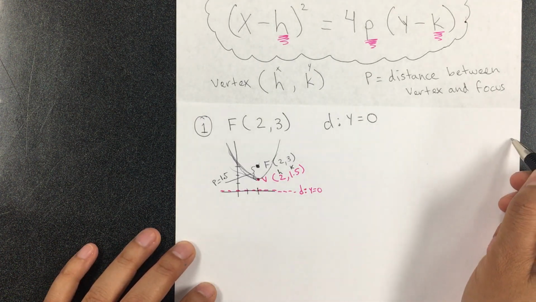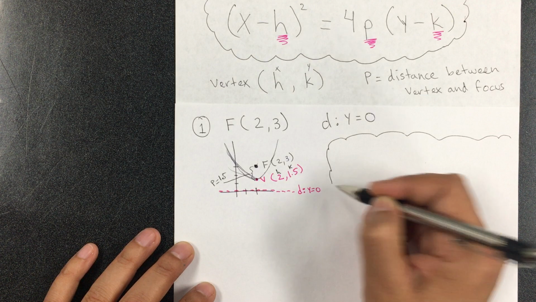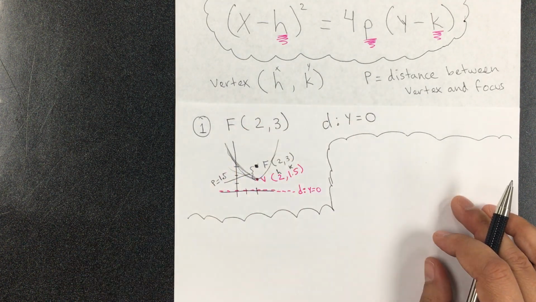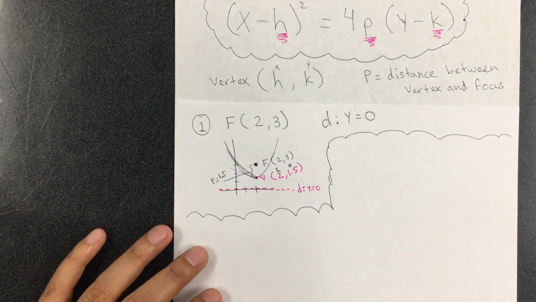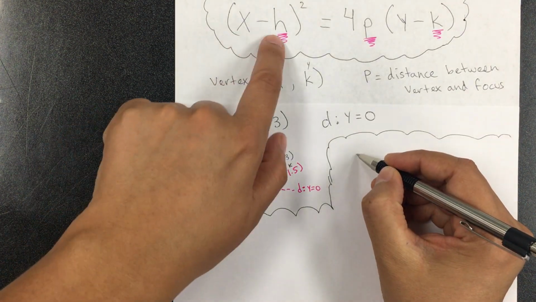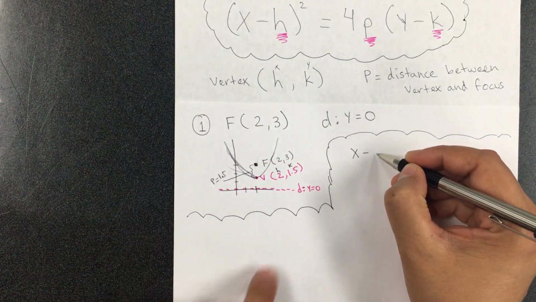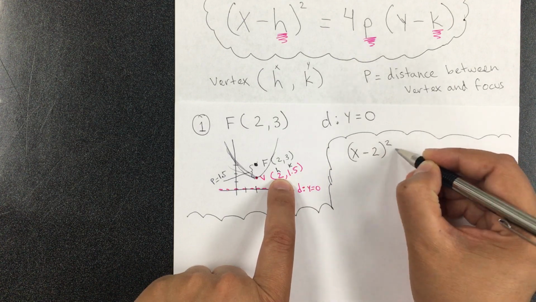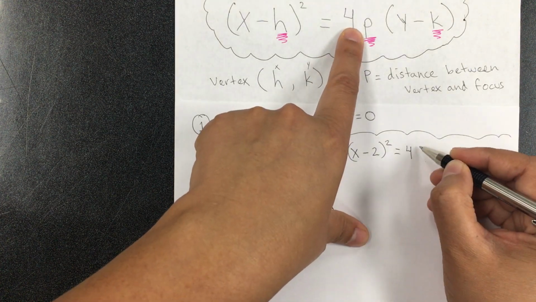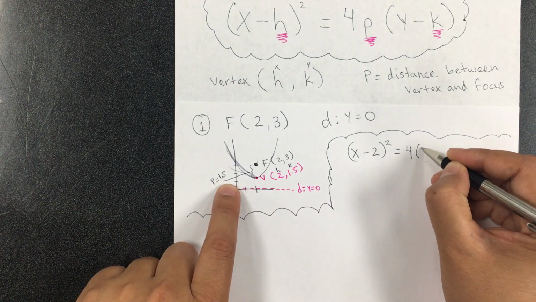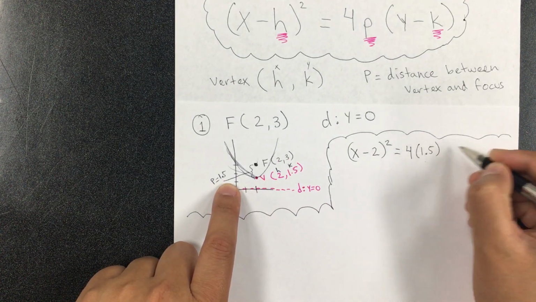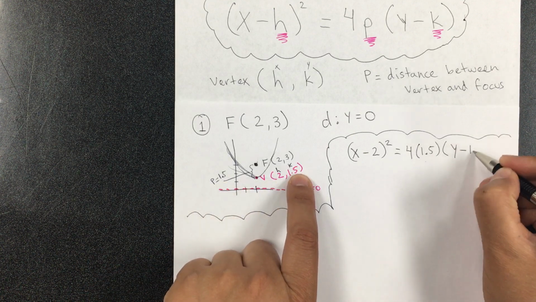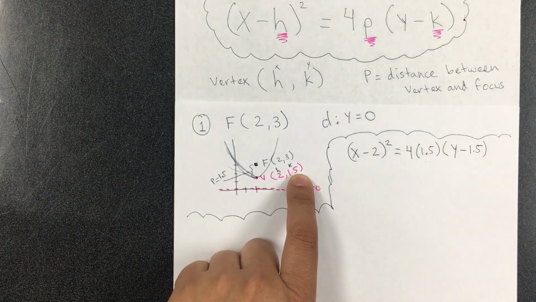Now we can start to find the function of the parabola formed with this information. Okay, so the formula is (x minus h), but we know that h is 2, and all of that to the second power equals 4 multiplied by p, which is 1.5, times (y minus k), which is also 1.5.